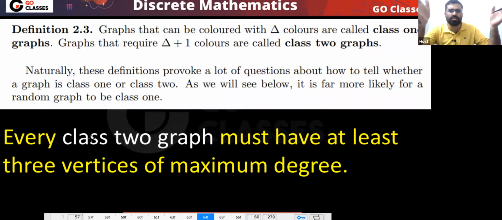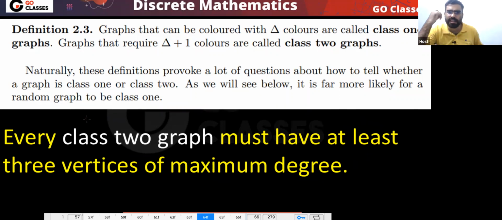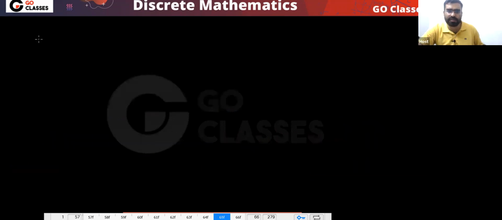Let me tell you that this is not required for the GATE exam, because in the GATE exam they will not ask you these statements. But actually there is a question in the GATE exam, so if those types of questions come, then you can take the help of these things. What this is saying is that every class 2 graph must have at least 3 vertices of maximum degree. Remember, this is a one-way statement.